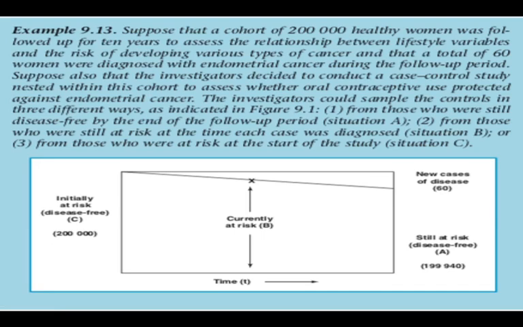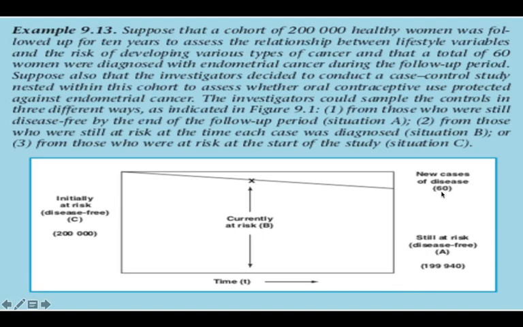So there are three things we can do with these numbers. Number one, we can identify the incidence of a disease. We can identify the odds of a disease, or we can identify the prevalence of a disease. For finding out the incidence, we take the new cases, which is 60.